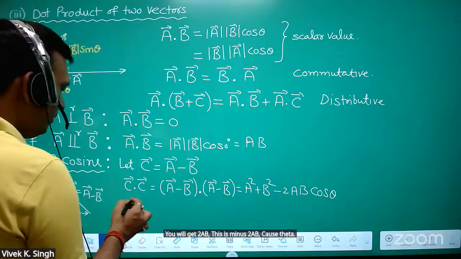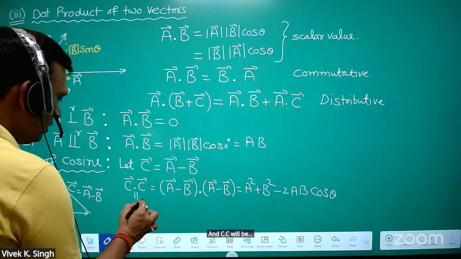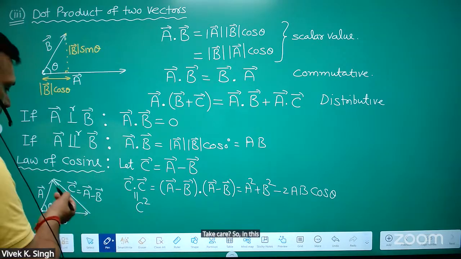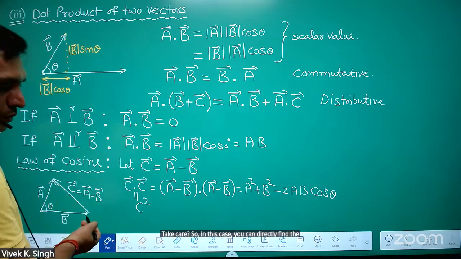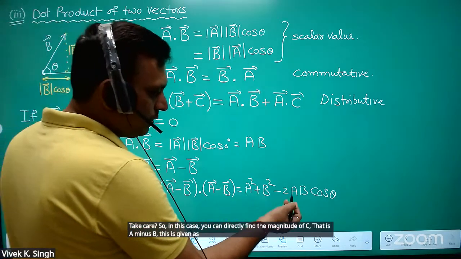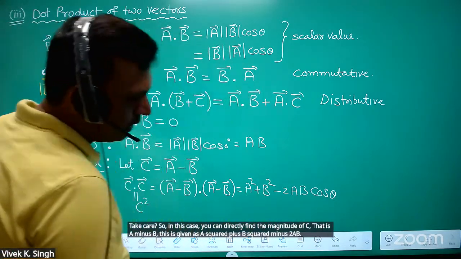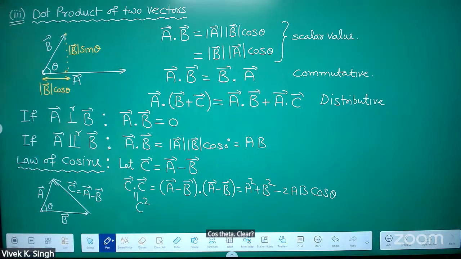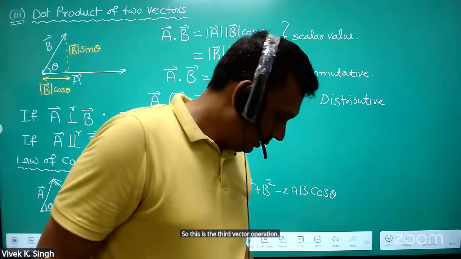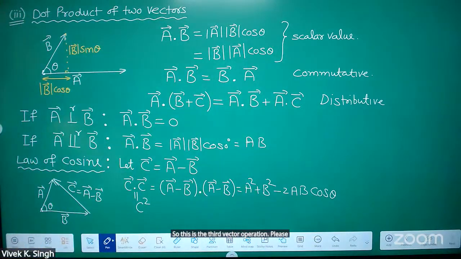And C dot C will be C square. So in this case, you can directly find the magnitude of C, that is A minus B. This is given as A square plus B square minus 2AB cos theta. Clear? Yes, sir. So this is the third vector operation. Please note it down.